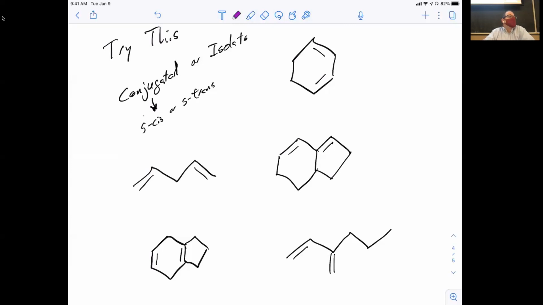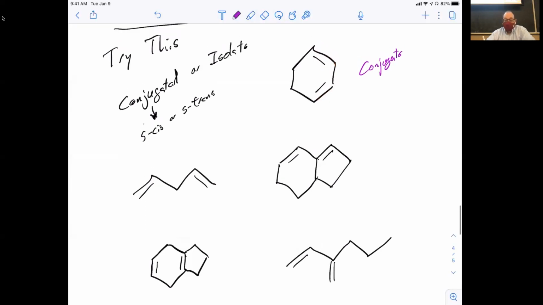Okay. Not a long time to do that, but let's go through it. This one is pretty straightforward. The first one here, we've got a double bond, single bond, double bond. Is that conjugated? Yes, that's conjugated. Since it's conjugated, we should be able to determine whether it's S-cis or S-trans.